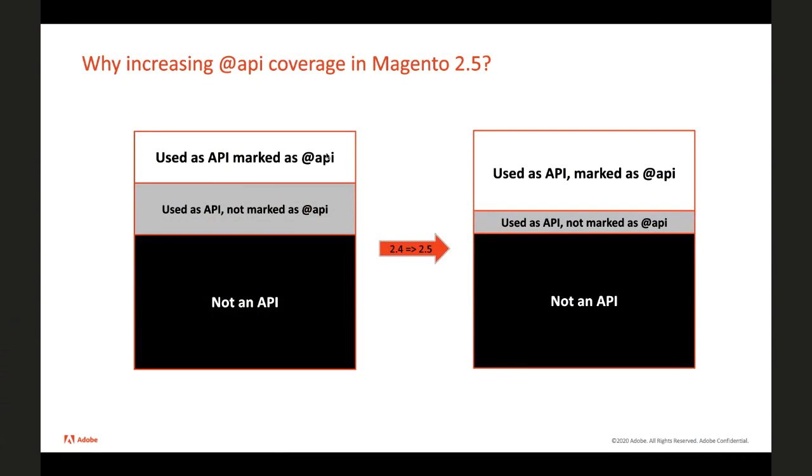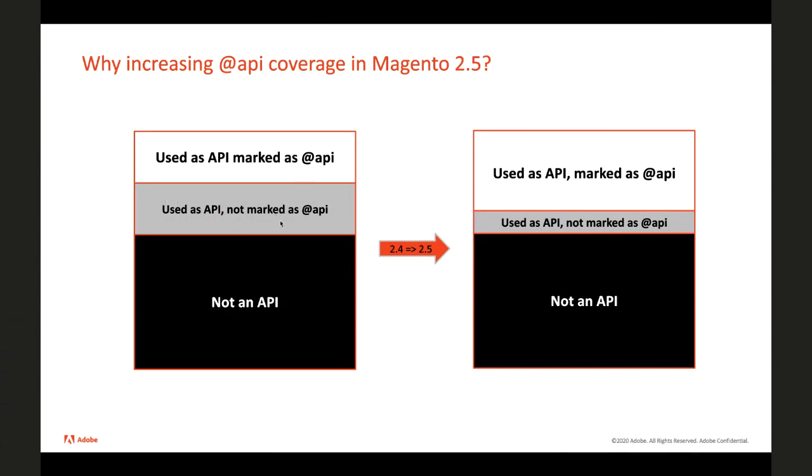In this picture, the square on the left represents all classes and interfaces in Magento, and we treat some of them as APIs. We check for backward incompatible changes when we deliver changes to Magento core for these classes and interfaces. Then there is another, larger section at the bottom, which nobody treats as API, and community members are not using these as API.